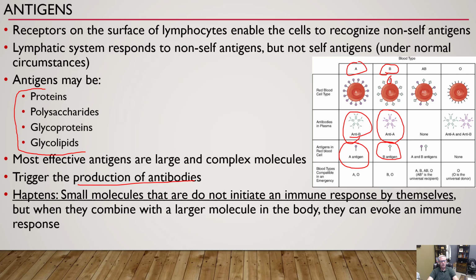So let's think of poison ivy. We have this thing called urushiol, spelled U-R-U-S-H-I-O-L.